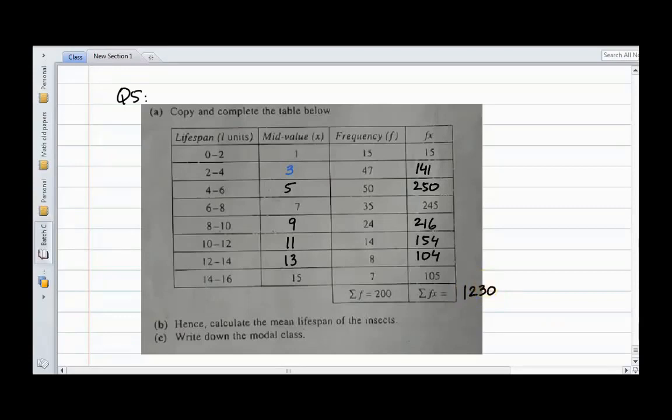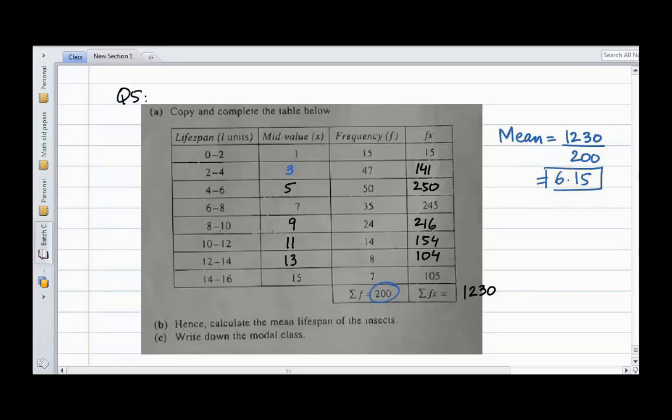We need to find the mean, and the mean will be summation of fx divided by the summation of all the frequencies. That means 1230 divided by the total sum of frequencies, which is 200. Dividing 1230 by 200, it will be 6.15. That is your mean.